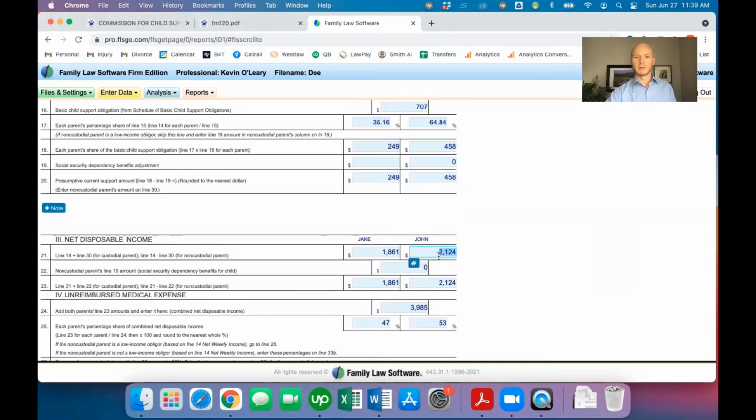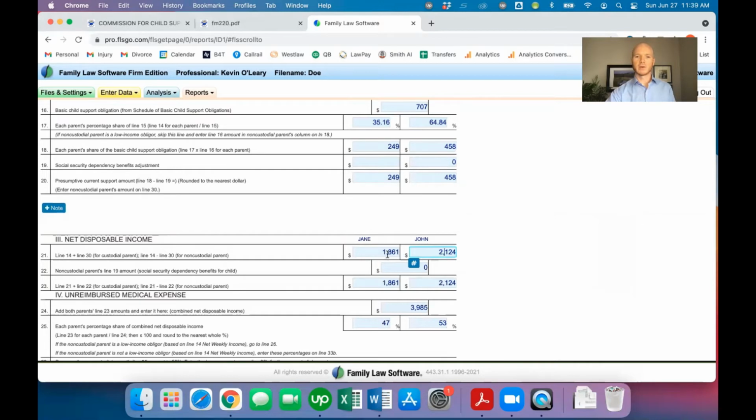So before child support was paid, John had 64% of the net weekly income, but after he pays the $458 per week, he only has $21.24 left, and Jane has $18.61 left.